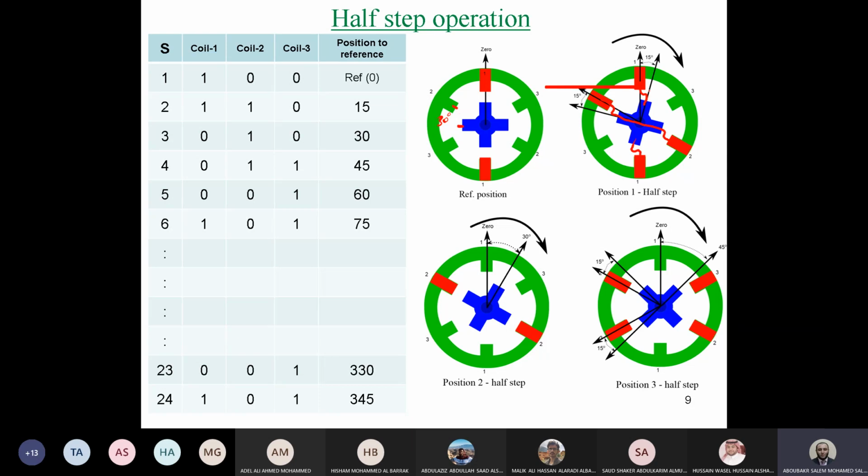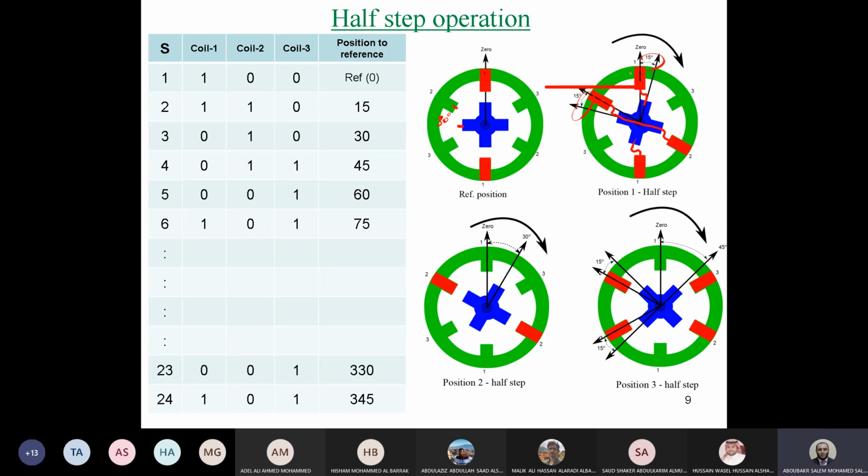However, the displacement between the stator and rotor teeth is equal. We have here 15 degrees apart from that side and 15 from the other side. So there is stability now, the motor now is stable. This is called the half step.